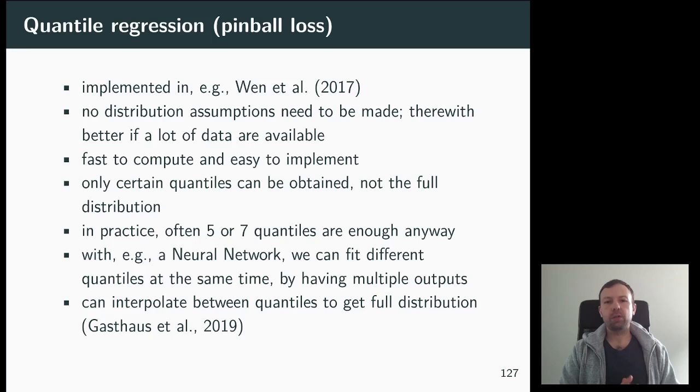However, in practice, usually something like 5 or 7 quantiles would be enough anyway. And then if you do use, for example, a neural network, you can just fit different quantiles at the same time by having multiple outputs. And then you actually get a quite decent probabilistic forecasting model. There has also been work in the past about interpolating between these quantiles with spline interpolation, and then you actually do get a full distribution out of such a model.